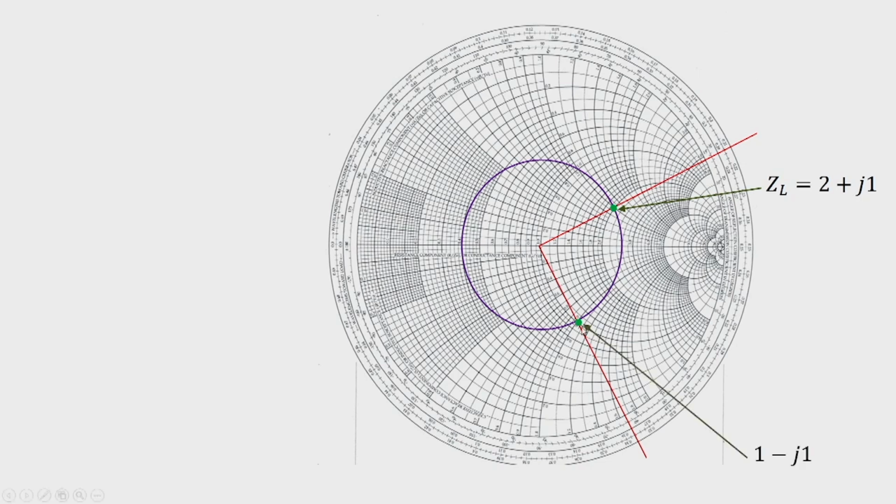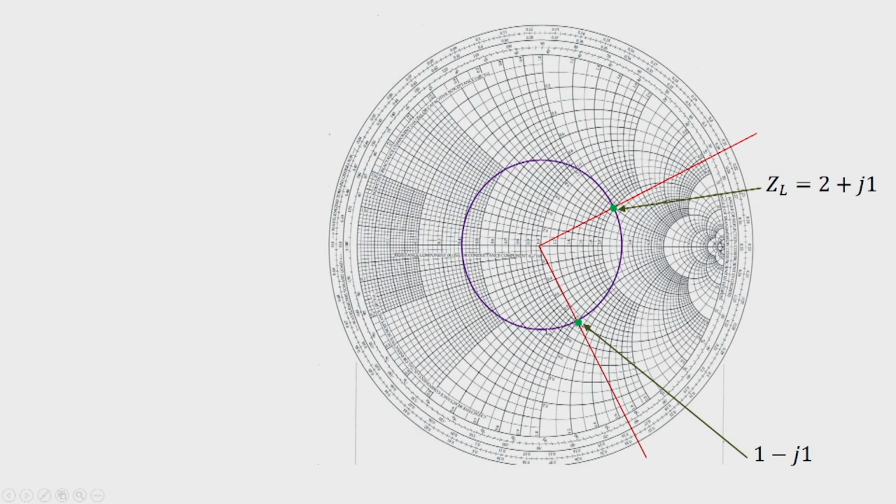And at this point we find that the input impedance is 1 minus j 1. So, in order to do the matching for this point, we need to add 1 plus j 1.